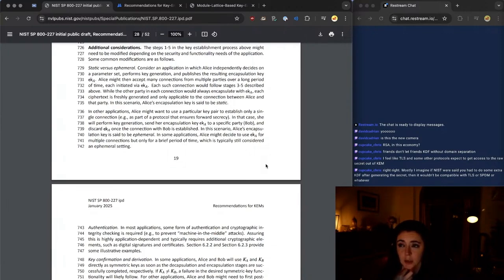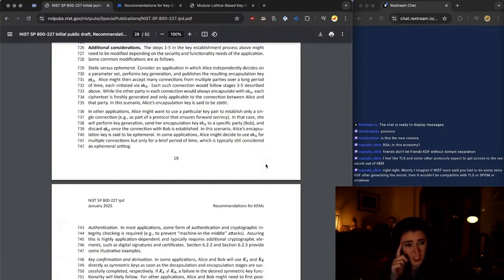They have some document somewhere that's like, yes, HKDF expand totally checks off some NIST requirement. And then somewhere else the whole thing, HKDF extract and expand, used in a particular setting in a particular way, is also a NIST approved thing.